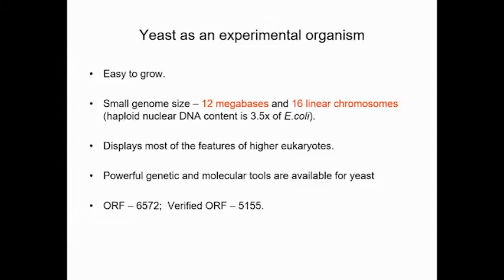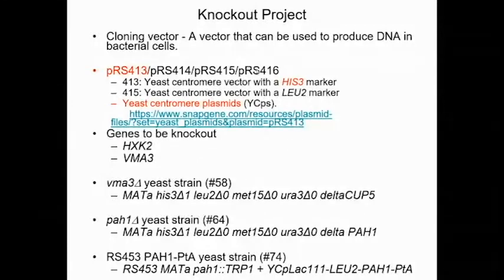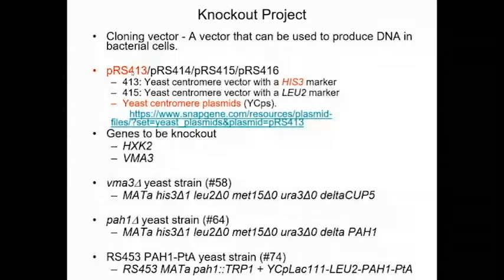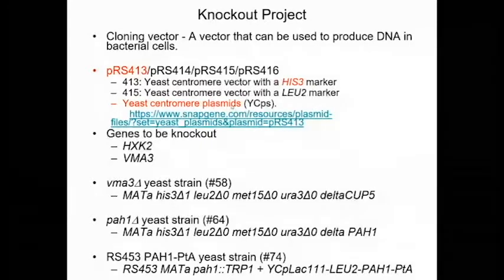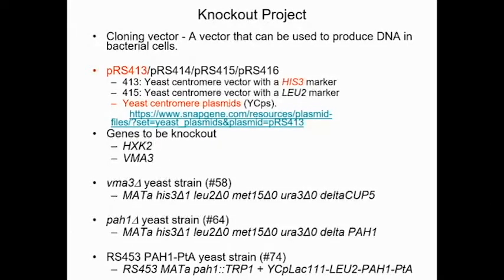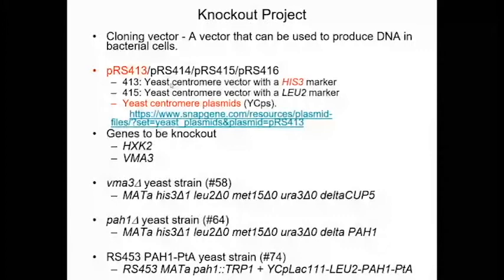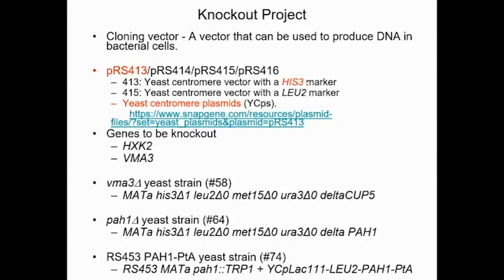Okay, and then for the knockout project, the cloning vector we are going to use is pRS413. pRS413 is a centromere plasmid, a centromere vector with a histidine marker.